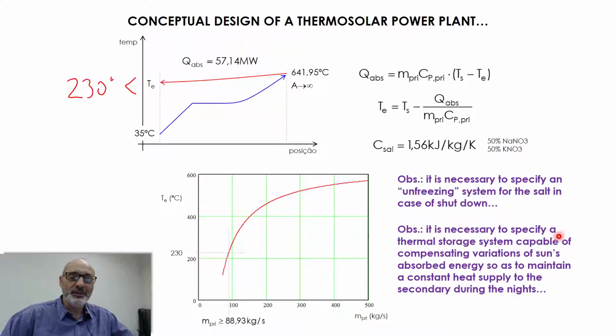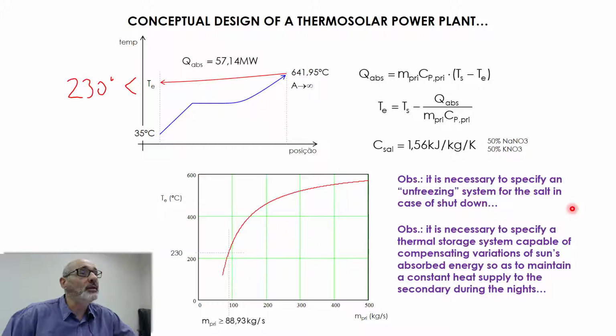Another observation is that it is necessary to specify a thermal storage system capable of compensating variations of sun's absorbed energy because of clouds of dust, for instance, so as to maintain a constant heat supply to the secondary during nights or during rainy days.